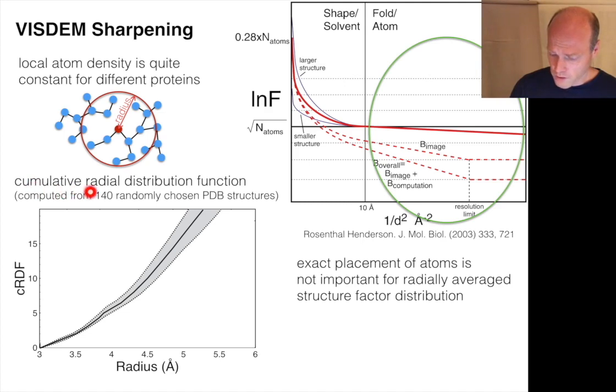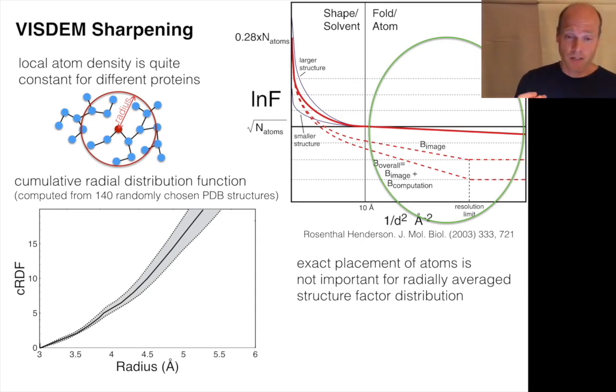So if we plot the cumulative radial distribution function, computed over, here in this case, 140 randomly chosen PDB structures, you just took 140 PDB structures and calculated the cumulative radial distribution function, CRDF, plotted this versus the radius, and then what you get is that this is the mean, and I also plotted the standard deviation, so you don't really see much variance between these different PDB structures.